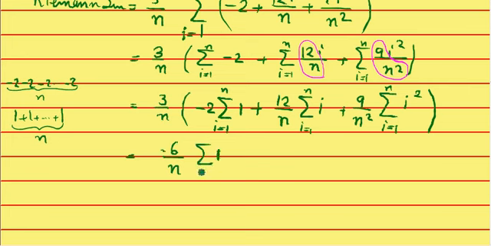Excuse me, this is 1. 3 over n times 12 over n is 36 over n squared, i ranging from 1 to n. 3 over n times that is 27 over n cubed.